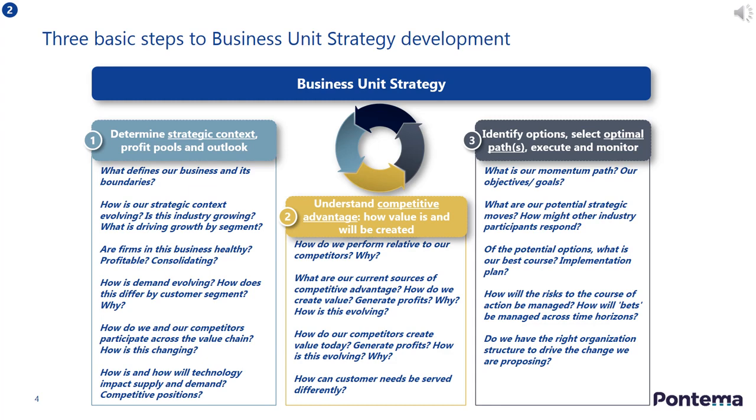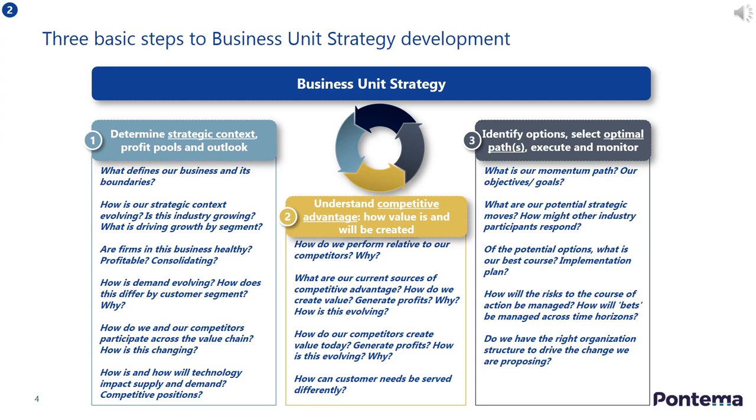There are 3 broad steps to develop an organization's business unit strategy, and the slide shows some of the questions you need to be answering in each step. The first step is to understand the context that the business unit operates in, and this concerns if the industry is growing or not, whether firms are healthy and profitable, and how demand is evolving.